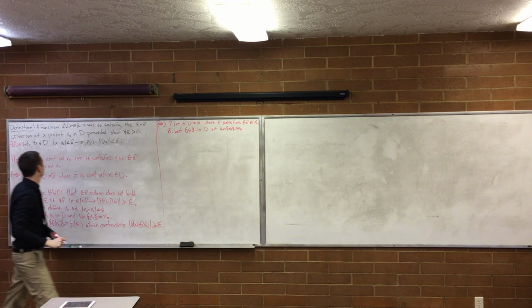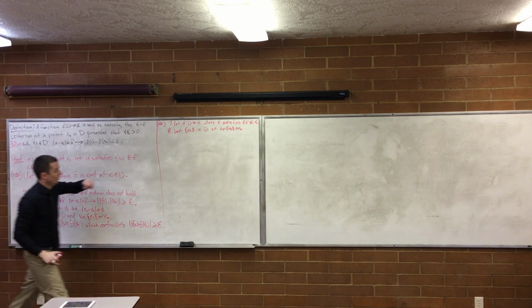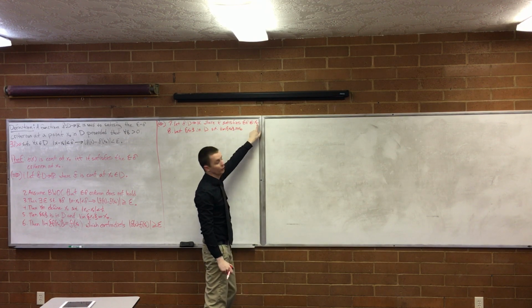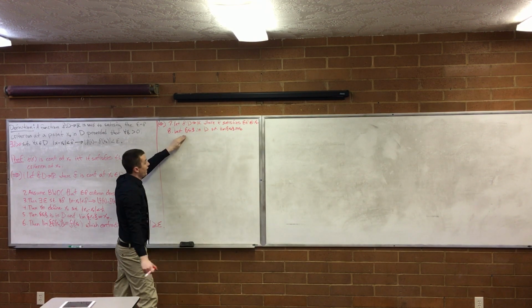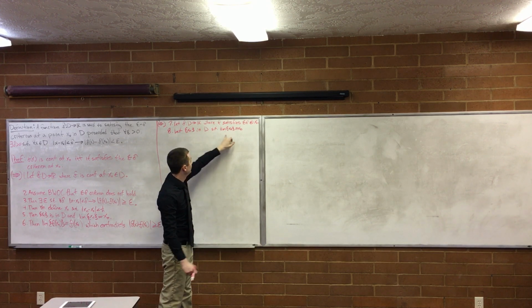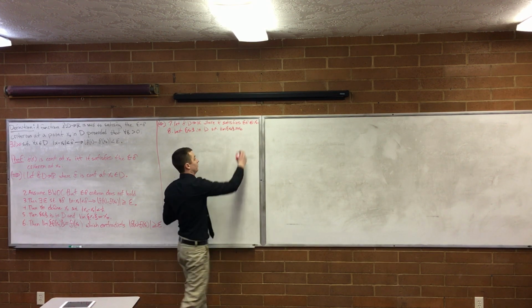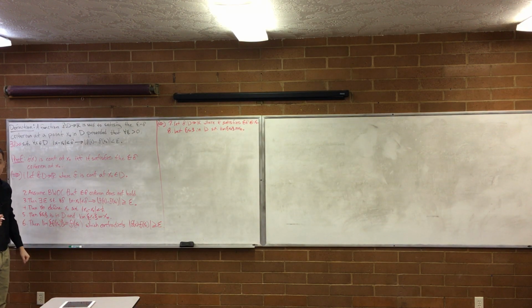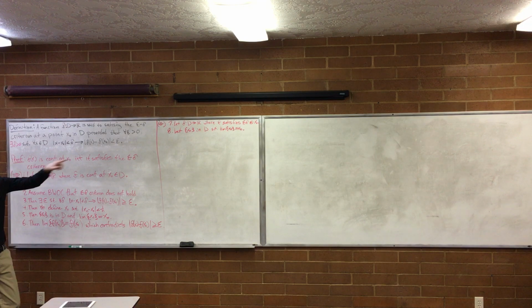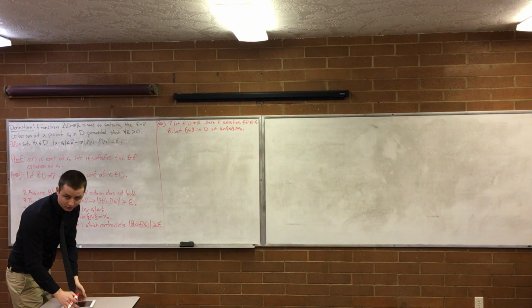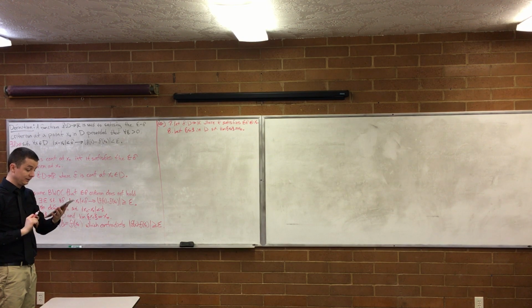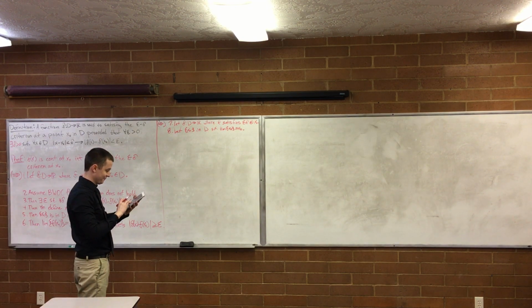At a point. So let this be a function that satisfies the epsilon delta at some point x naught. And now let xn in D be some sequence that converges to x naught. Now our goal is to show that the limit of f of xn equals f of x naught. Right? We're trying to show it's continuous.